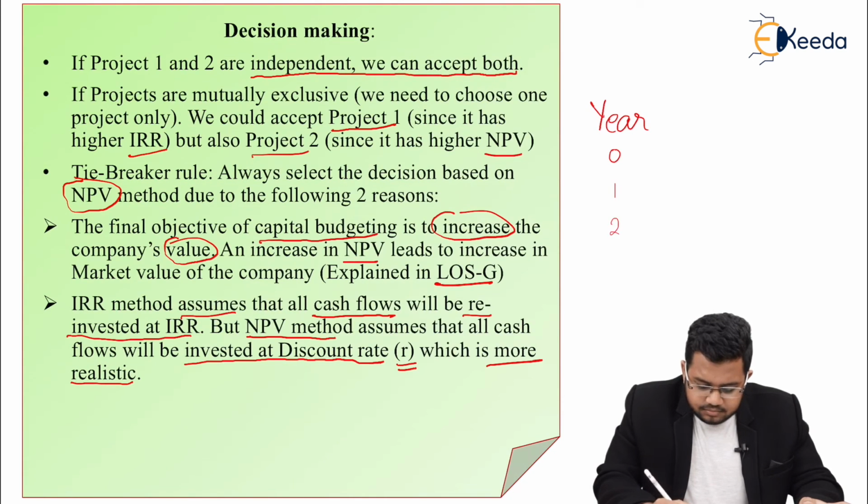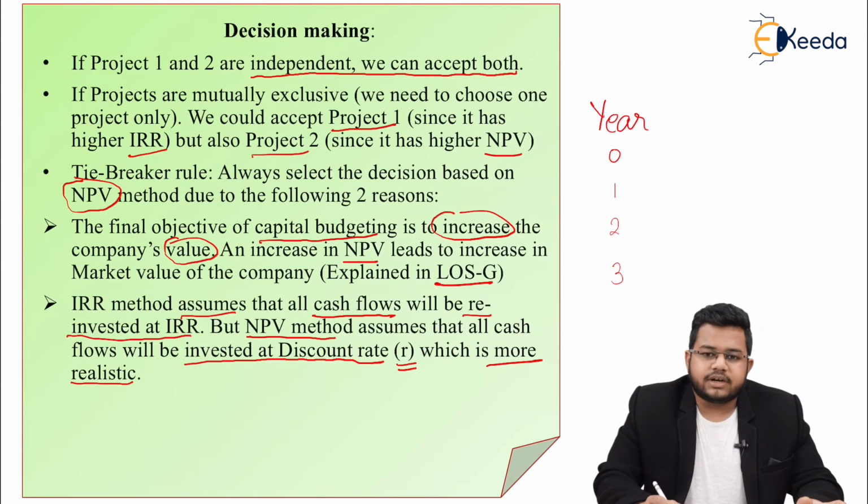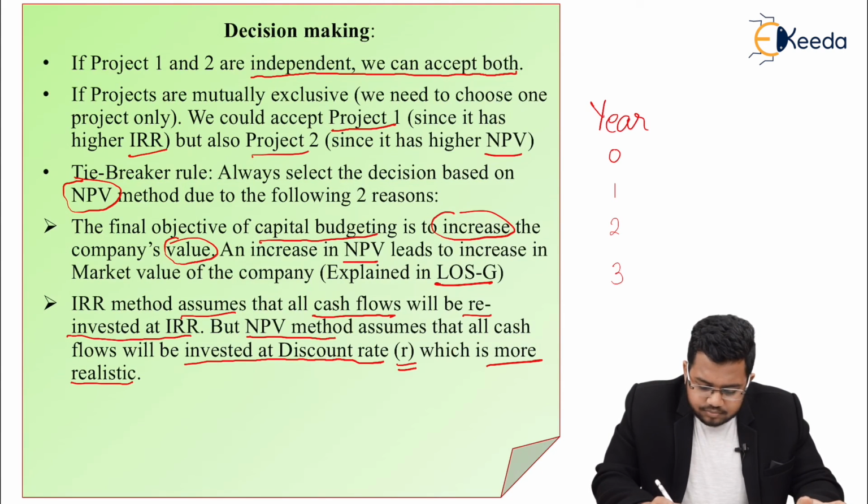Let's consider a 3 year project. Now year 0 there is an outflow. Year 1 there is an inflow of 200. Then there is an inflow of another 200 and another 200.